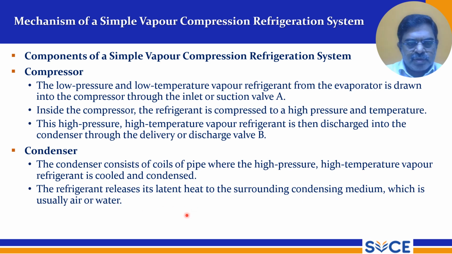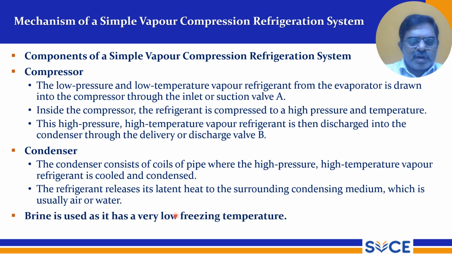Usually the latent heat is released in the condenser. Brine is used as it has a very low freezing temperature. Brine is nothing but a very highly concentrated liquid. It may be composed of sodium or some other substance, but it should essentially be a highly concentrated fluid.